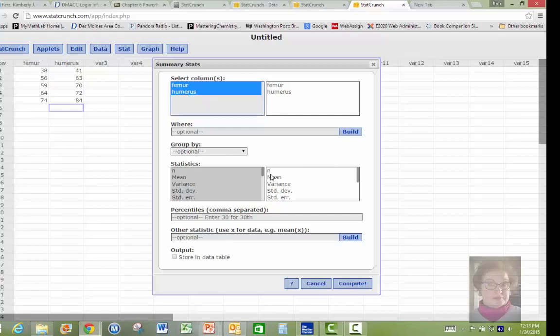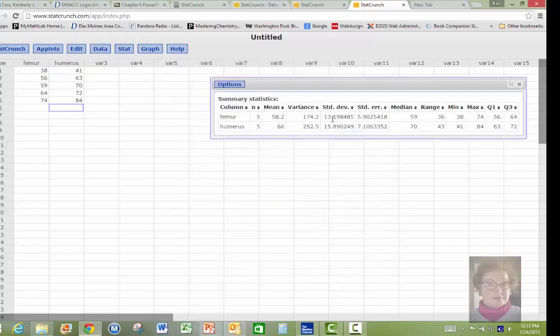And I'm going to double check. It'll tell me the number, the mean, the variance, the standard deviation, the standard error, minimum, maximum, and the quartiles, and does it tell us the median? I was double checking for that. So that's everything we're ever going to need for this. So I'm going to do compute, and there they are.